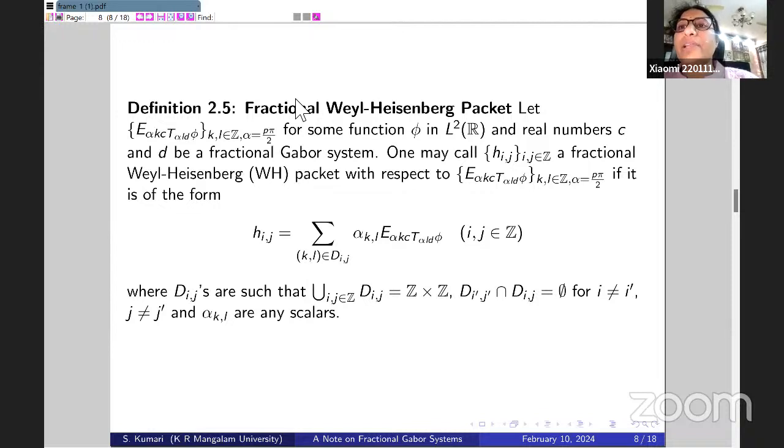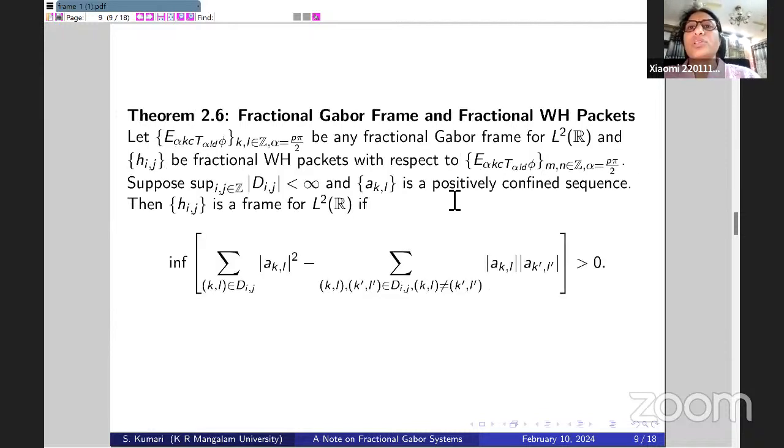One may call H_ij, where i and j are integers, a fractional Weyl-Heisenberg packet with respect to E_{αKc} and T_{αLd} of φ, where K and L are integers and α is pπ/2, if it is of the form that H_ij is the sum of a_{KL} E_{αKc} T_{αLd} φ over D_ij, where i, j are integers, and the D_ij are such that the union of D_ij over i, j is Z × Z, and D_{i'j'} intersection D_ij is empty for i not equal to i' and j not equal to j', and a_{KL} are any scalars.